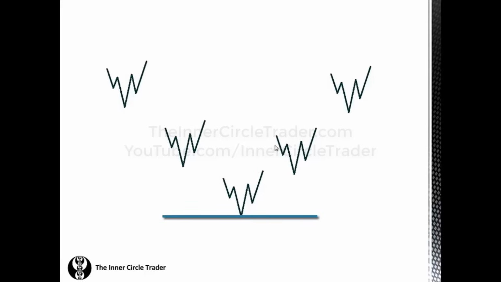Okay, so you would apply these concepts with all the other concepts we've previously discussed, but looking at obviously a higher level key support level down here as a catalyst.